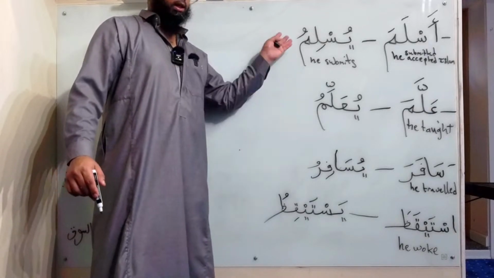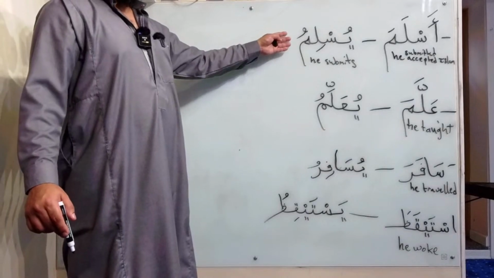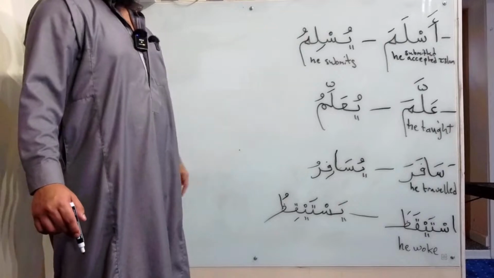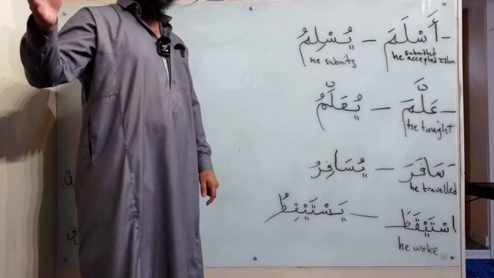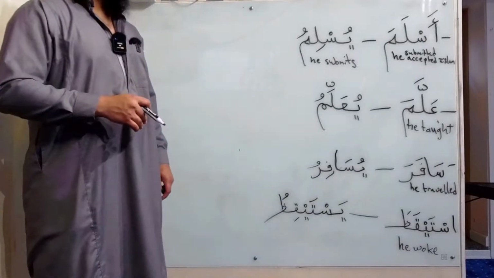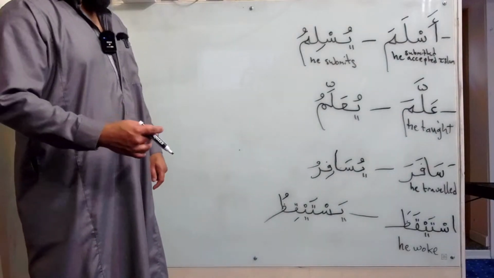It's just that I didn't pronounce the last vowel. If I say yuslim in a context where it's supposed to be yuslima, it's still correct. The main thing is that you stop on the word. But if you don't stop, if you're reading out the sentence and you don't pronounce it, then that is where you can cause some confusion.